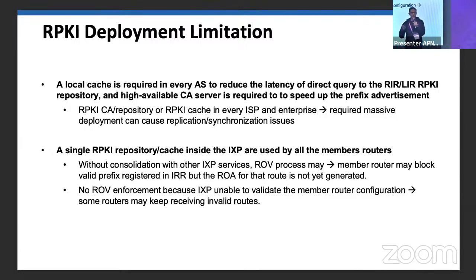And then the other problem: even though the data is valid and everything is taking the data from the IXP, it may not be enforced. Some members may not be dropping the invalids, while some other members do very well. So these are some of the deployment limitations of the current RPKI deployment.